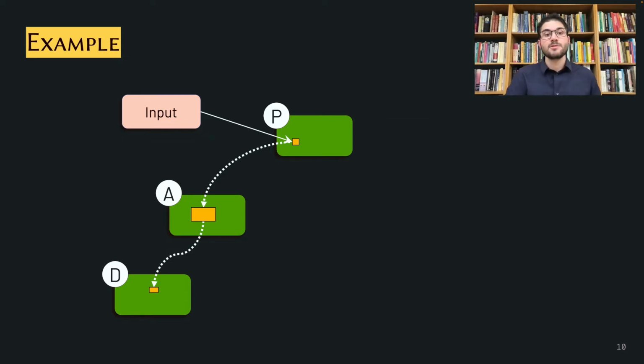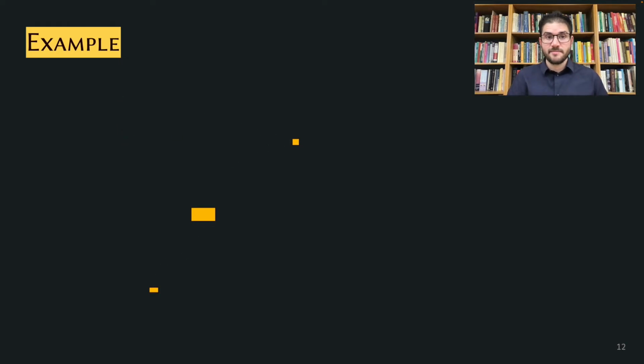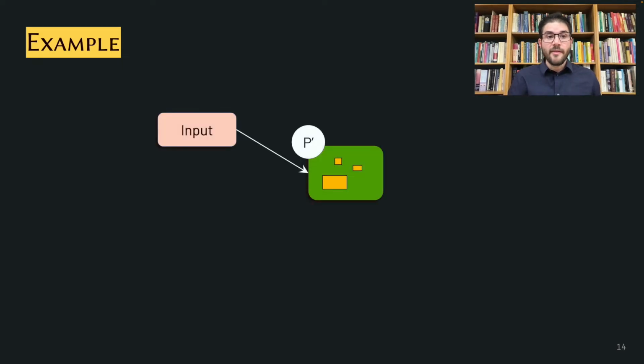And this is what we obtain when using software debloating techniques that rely on dynamic analysis. And then we can collect the used components, package them, and then build a single artifact called P' that only contains the necessary parts to successfully execute the application for the given input.